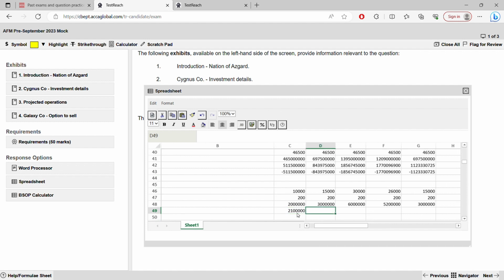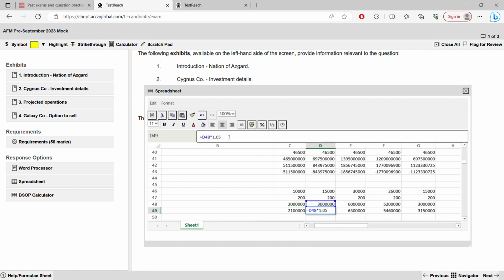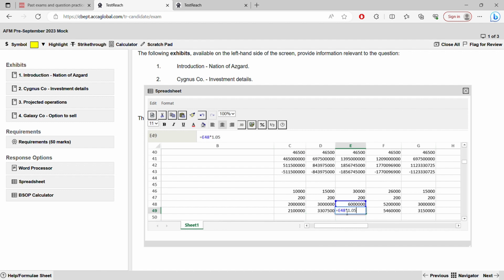You could do this in another way. Just drag it, but when you drag it, go here and add another 1.05 for the second year. Here also go to the function and put this to the power 3.